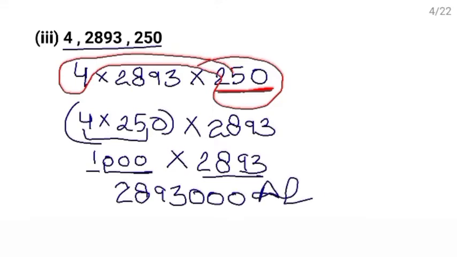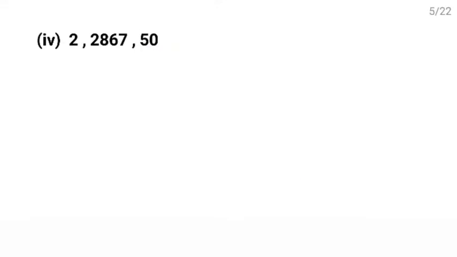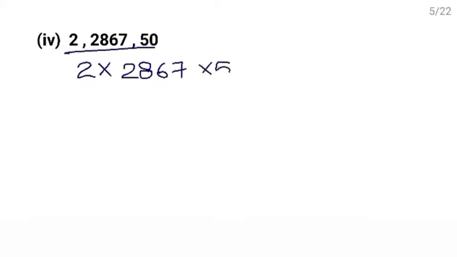This is your answer. Next, you want to multiply these three numbers. 2 multiply 2867 multiply 15. This is the multiple of 5. So you will group it with this even number.